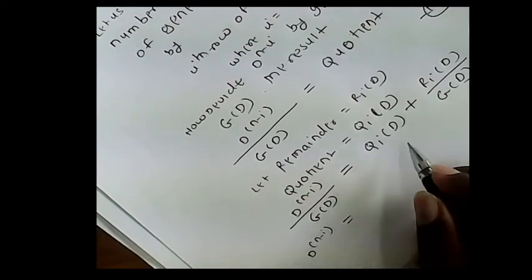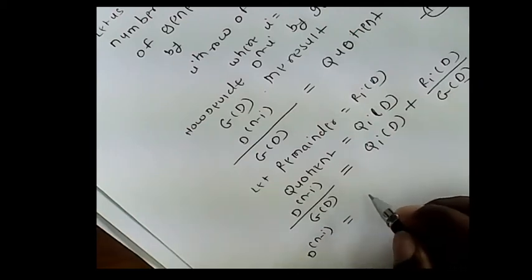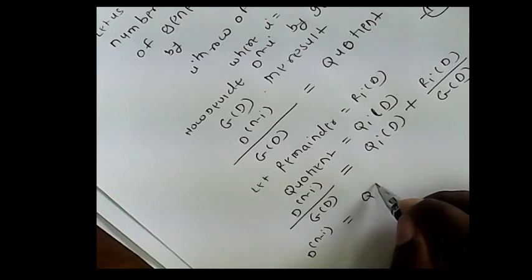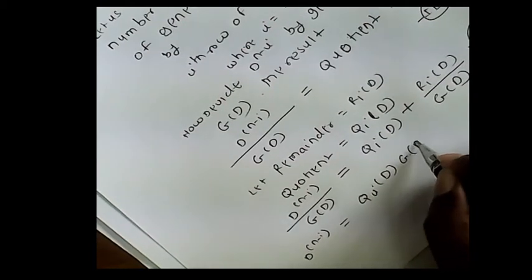We multiply by g of d throughout both sides, and in simplified format we get q of d into g of d plus r of d. This is equation number 5.